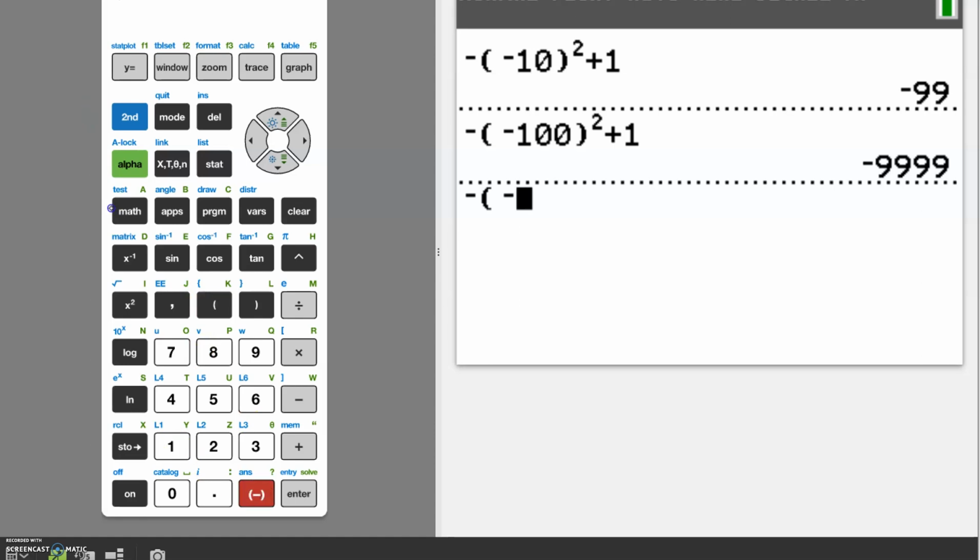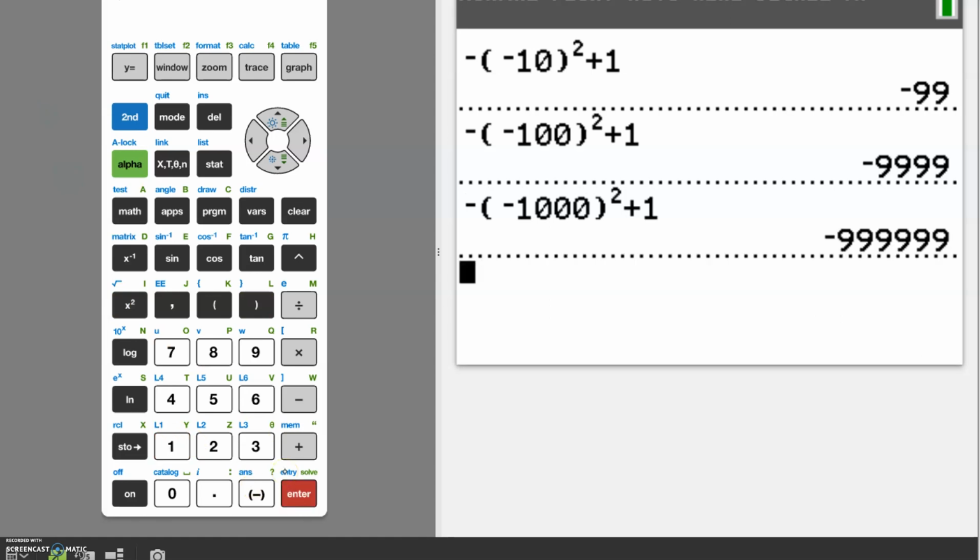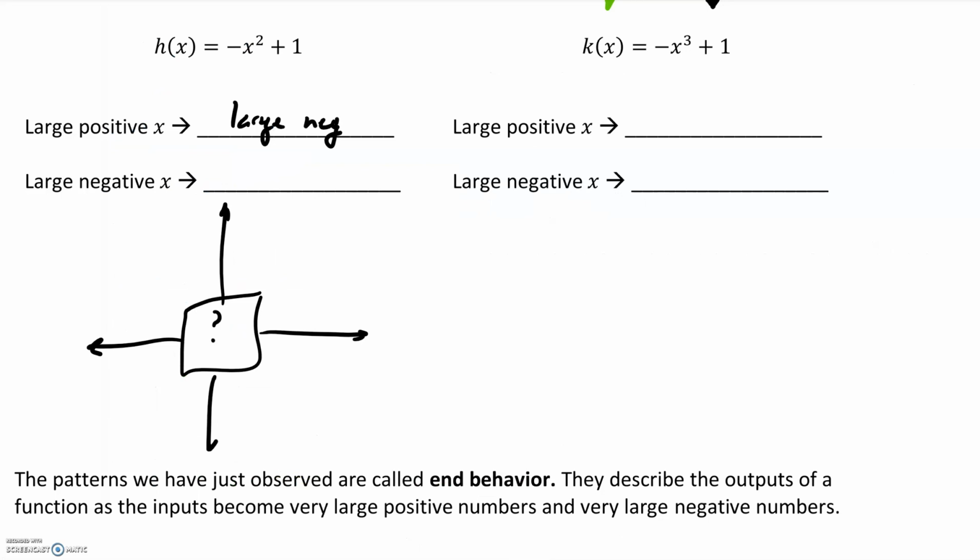Negative 1,000 squared, add 1. Notice my numbers get bigger and bigger and bigger in the negative direction again. So I'm going to get large negatives out again. So as my x value moves very big in the positive direction, I'm going to get very big negatives out. And as I move very big in the negative direction, I get more negatives out.